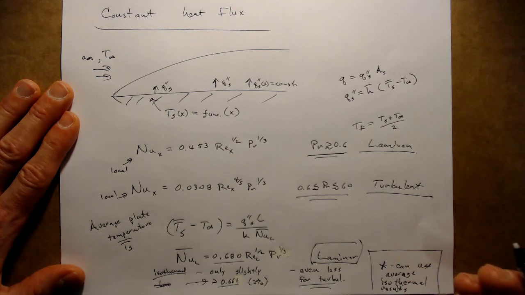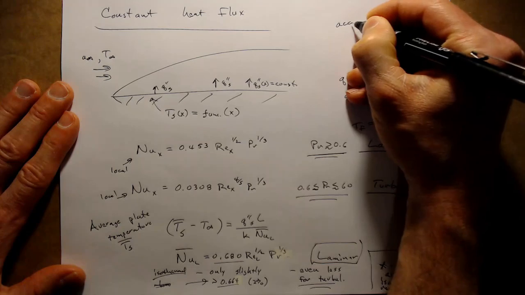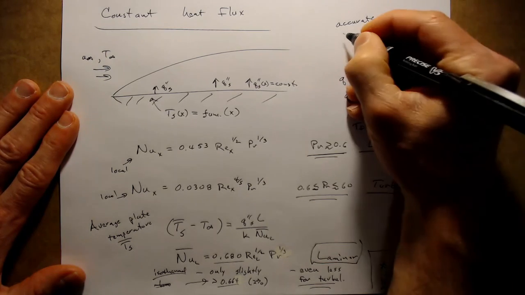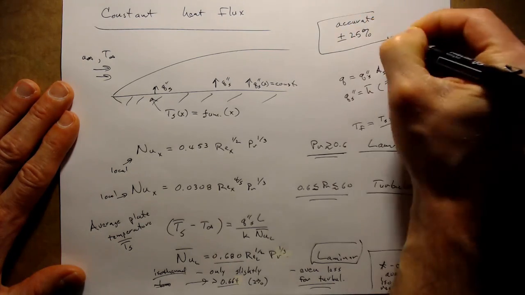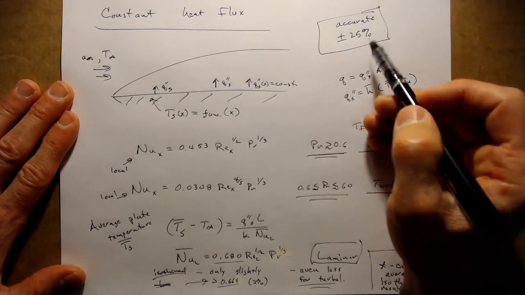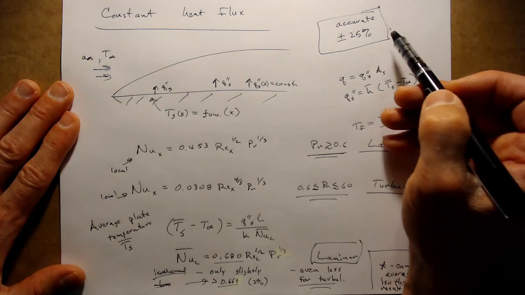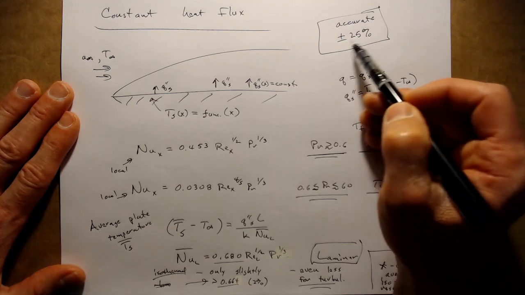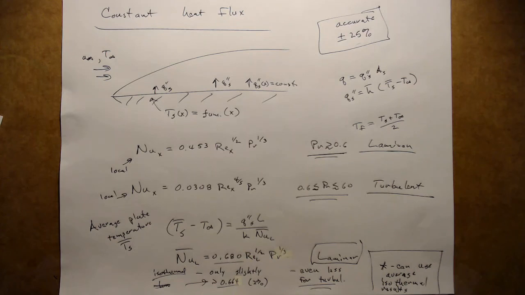Each correlation should give you some idea of how accurate you should expect it to be, but a rule of thumb is to not consider these to be accurate to much better than plus or minus 25% for any given correlation. Don't consider that a precise number, but this gives you some idea of the ranges of errors that you might expect.